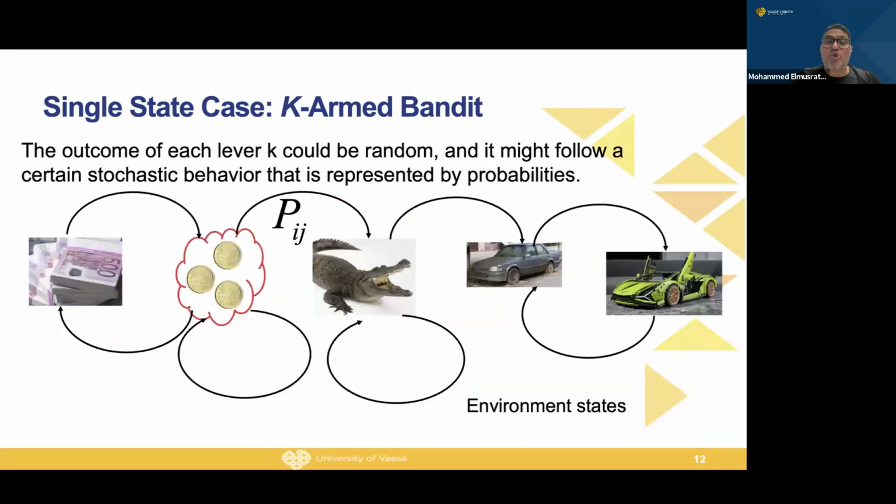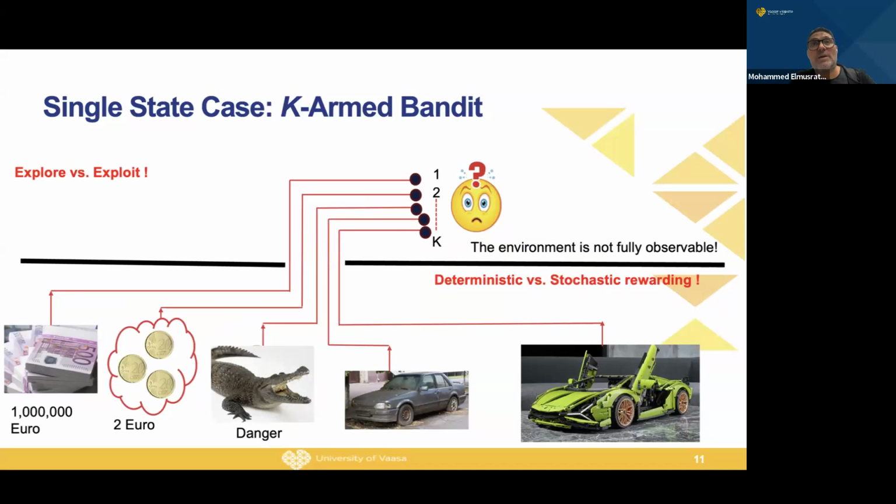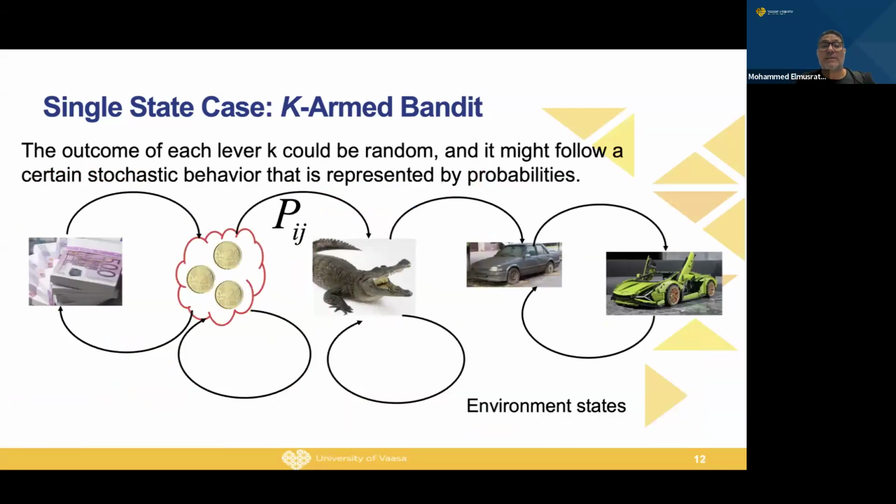What if what is behind the doors is not fixed, but can change with certain probability? Maybe in the first door there's 1 million euro, but it also has a chance to be only 2 euro. Or the danger can also be in the first door.